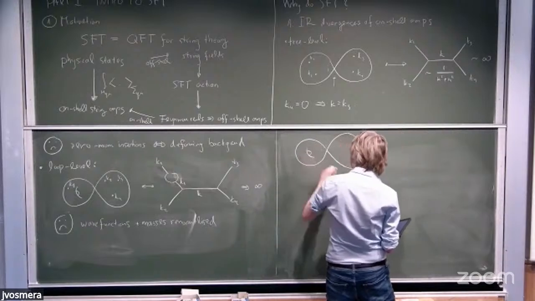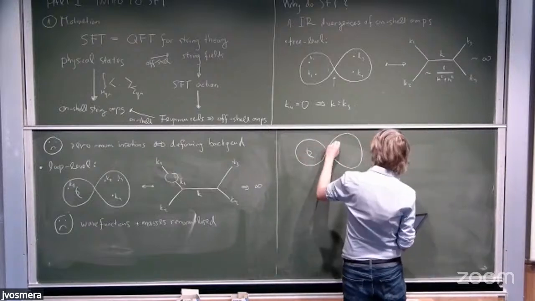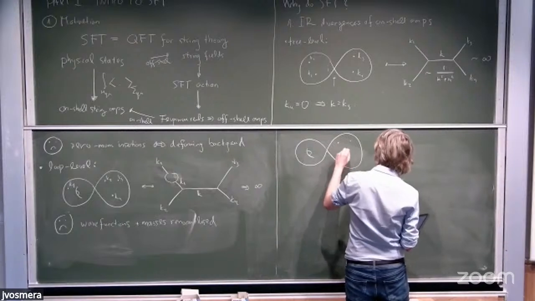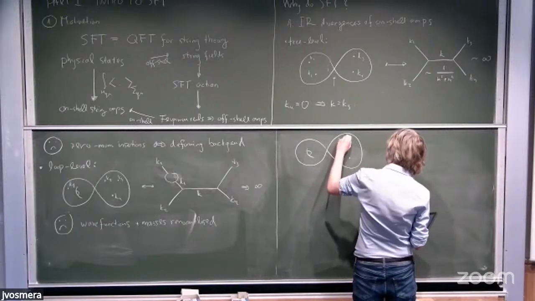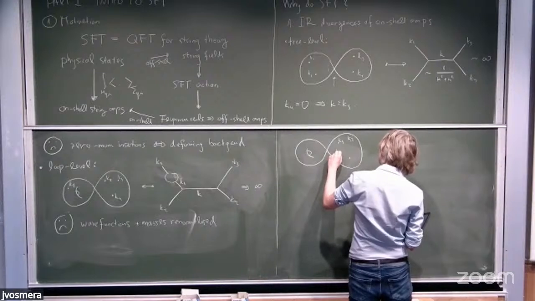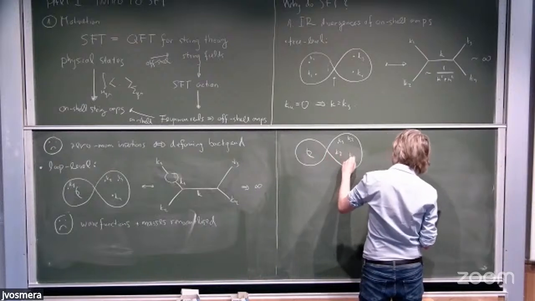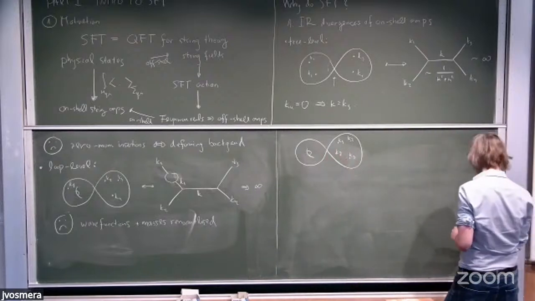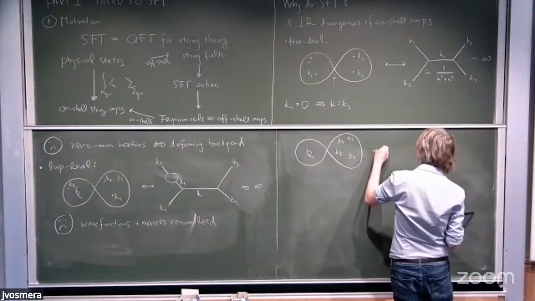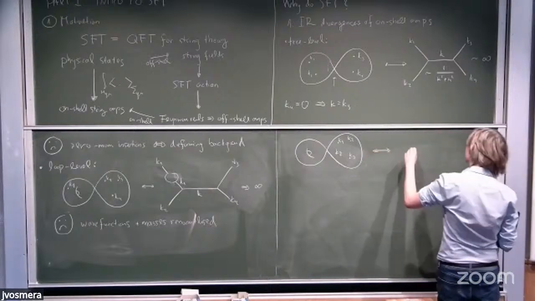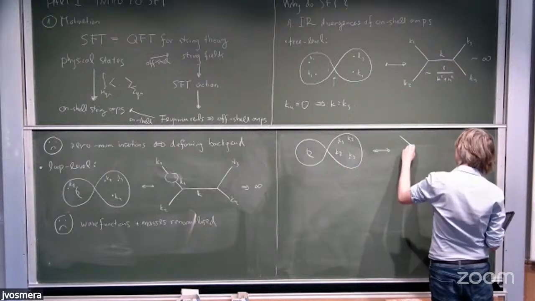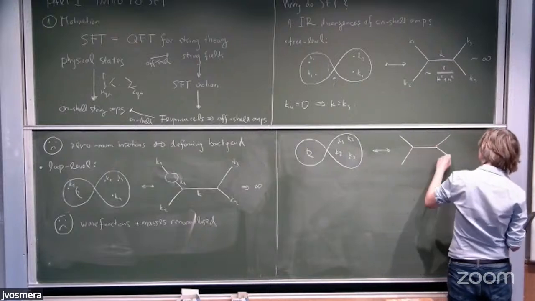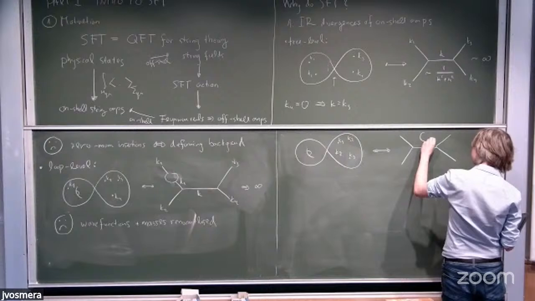Again, I will have one handle, but this time all the on-shell insertions will be in this other part of the Riemann surface. So that you can interpret as a diagram with this tadpole in the middle, right?